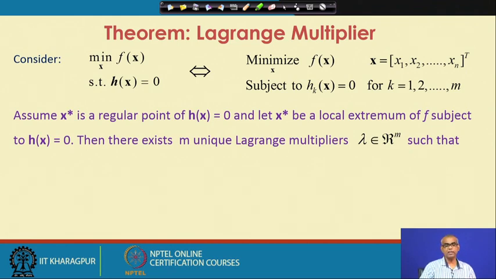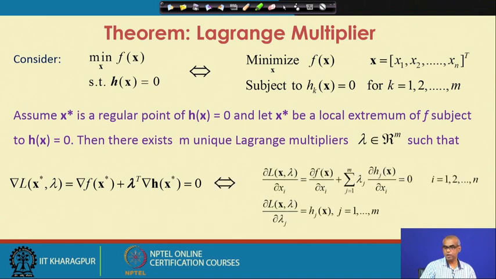So, all we are saying is that let x star be a regular point of the optimization problem that we have described. Then there exist m unique Lagrange multipliers such that gradient L equal to gradient f plus lambda transpose gradient h equal to 0 evaluated at x star. That x star is the regular point which is likely to be a local minimum or maximum, that is local extremum.